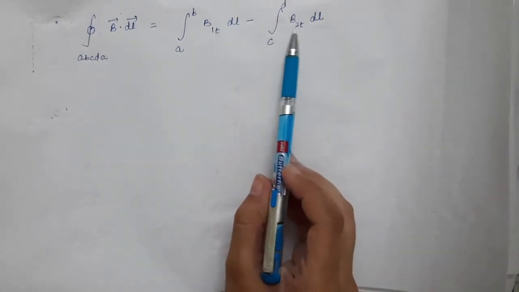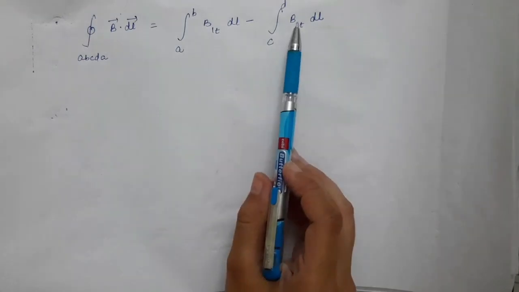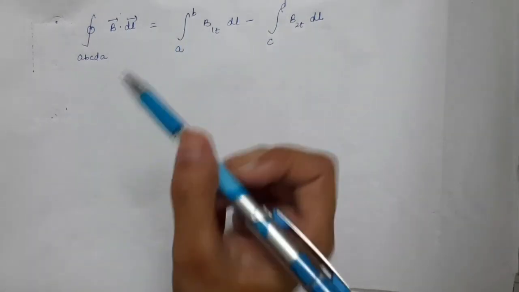Now b1t and b2t, these are constant terms, and they can be taken outside the integration.